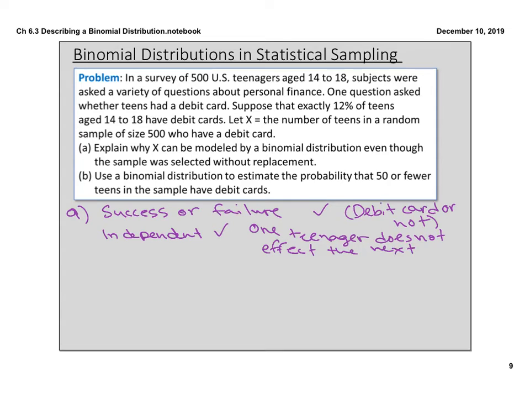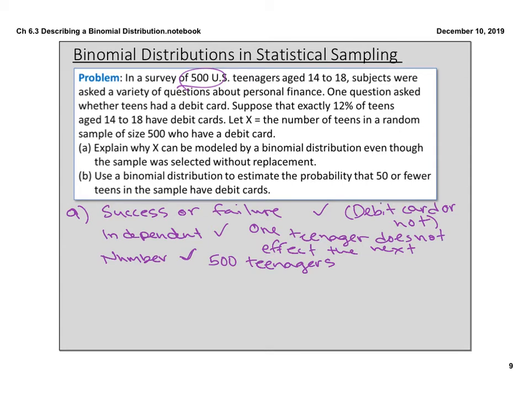Then is there a fixed number? Yes, that's a check because we're pulling 500. That's our sample size. And then we need to check that 10% condition.